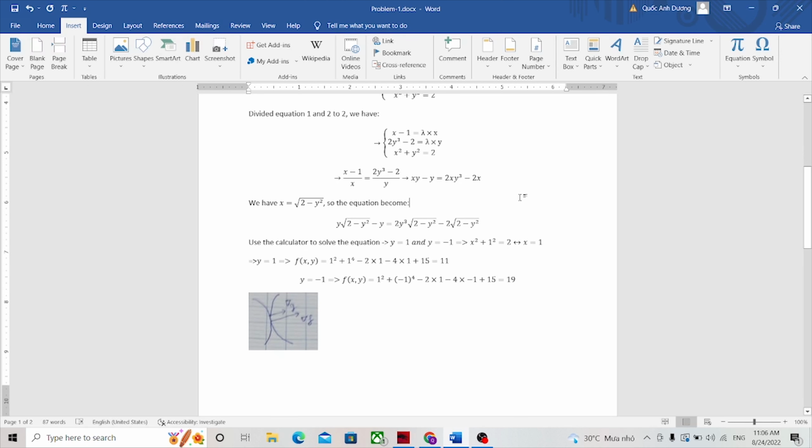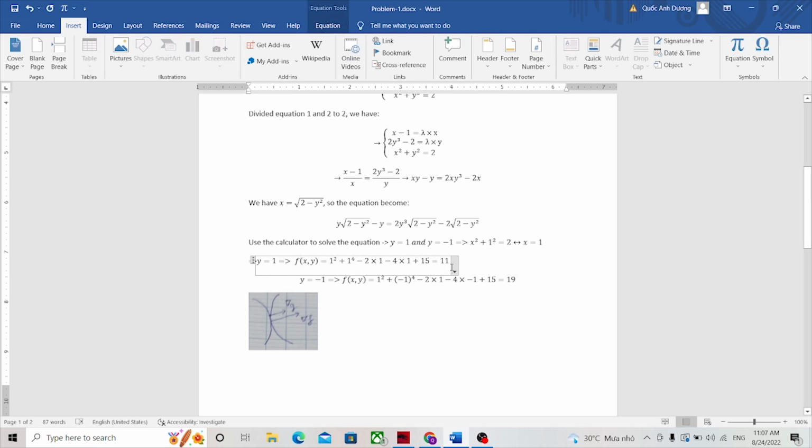So when we use the calculator to solve the equation, we will see that there exist two results, y equal to 1 and minus 1, and from this we will find out that x will equal to 1, and with each value of y we will see a different value of f(x,y).